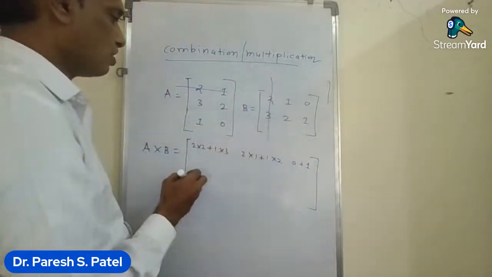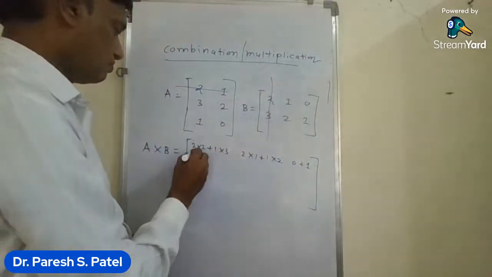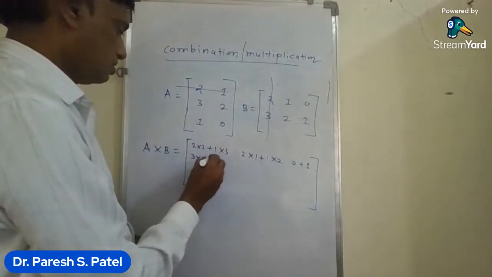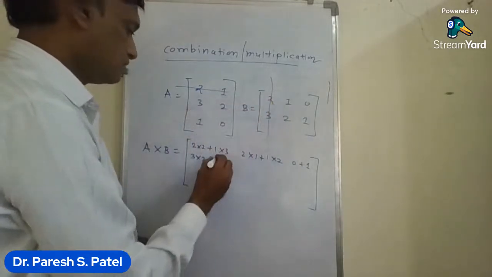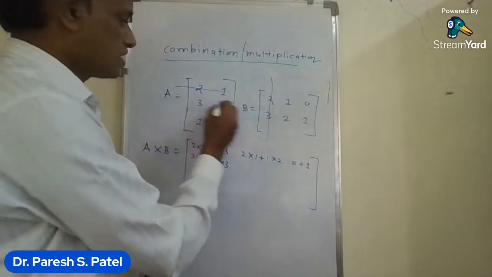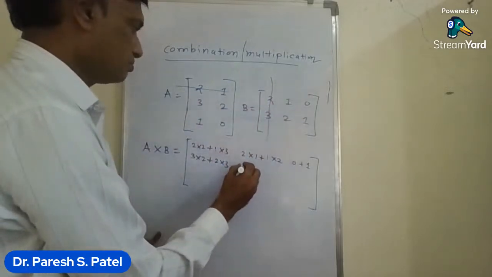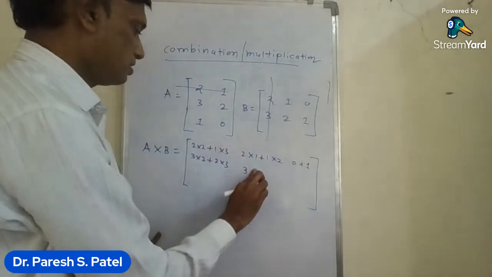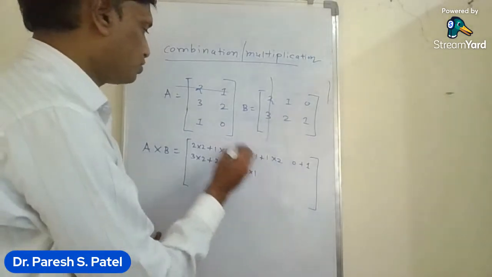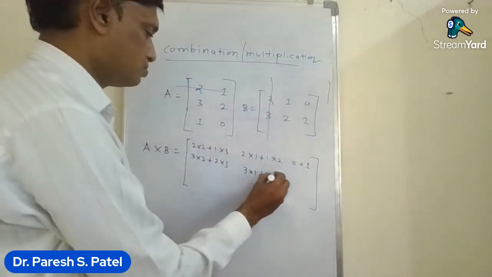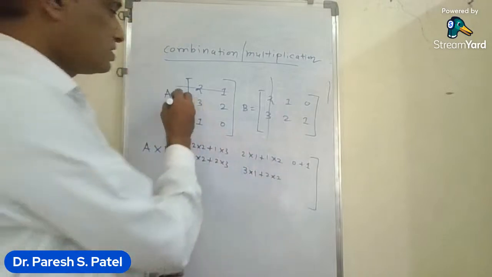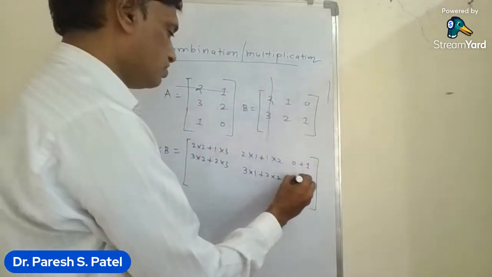Second row, first column, 3 2s are plus 2 3s are. Second row, second column, it means 3 into 1 plus 2 2s are 2. Second row, third column, 0 plus 0.